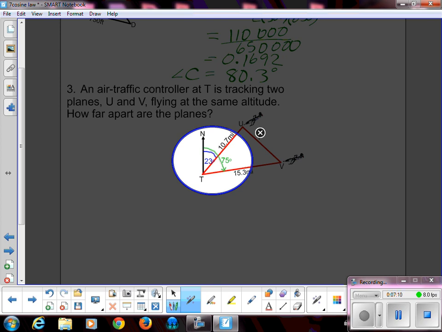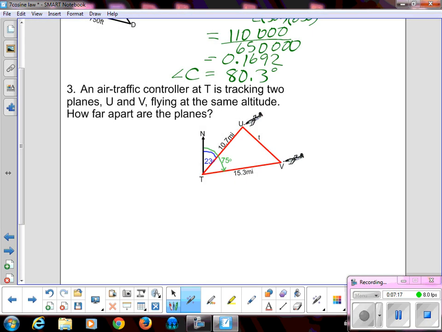Now, I'm interested in the red angle because that's the angle in the triangle I'm interested in. Okay, so I'm actually really interested only in the triangle. So I'm interested in this angle here, and the way I'm going to calculate it, we'll call it angle T equals 75 degrees minus our 23. So we end up with it being 52 degrees.